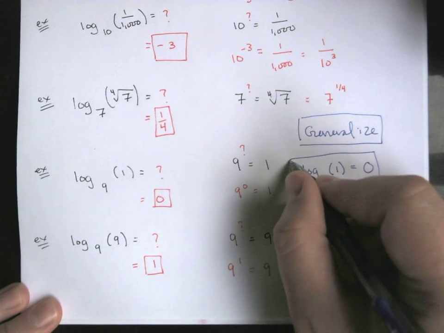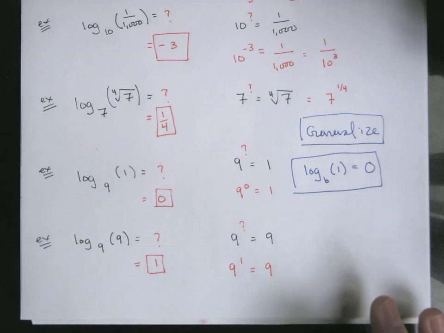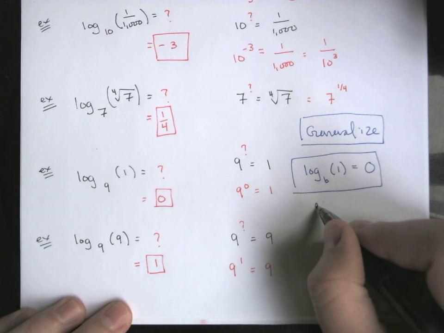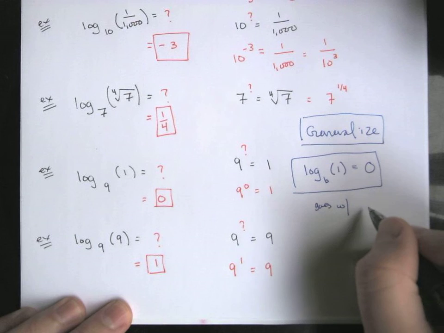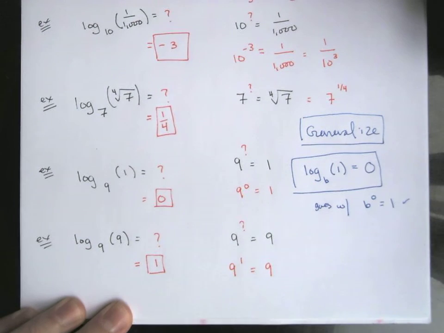So log base b of 1 is going to be 0. You'll notice this is the opposite relationship in terms of the x's and the y's than our exponential relationship. This goes with the idea that b raised to the 0 equals 1. That's the relationship we already know and have. So that's true, and that checks out.